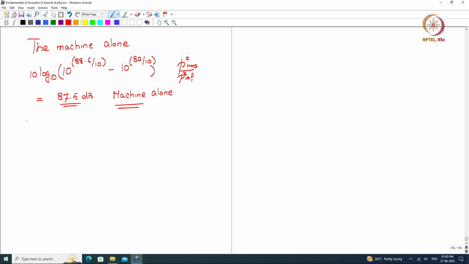In another example, suppose we are measuring sound at a single point in a community location.